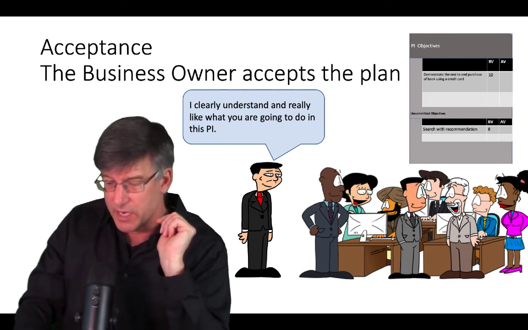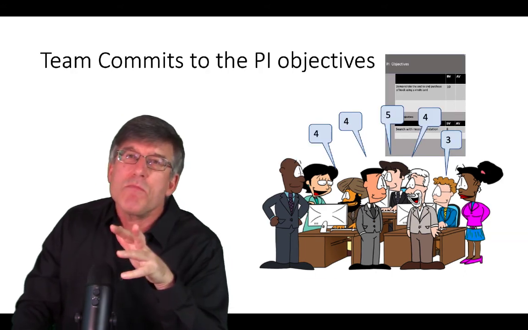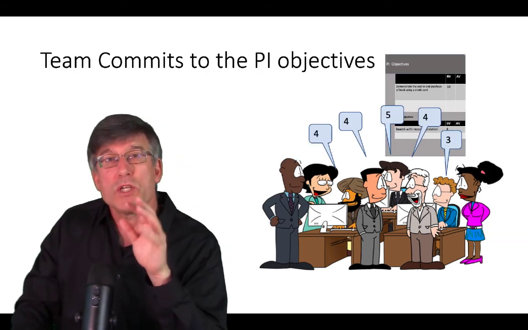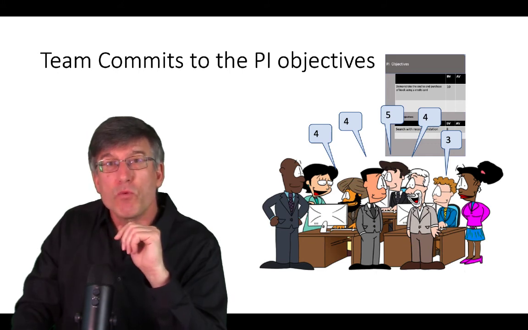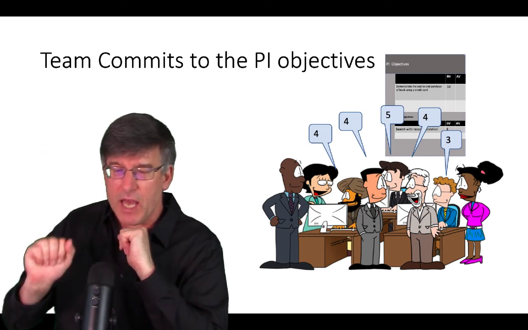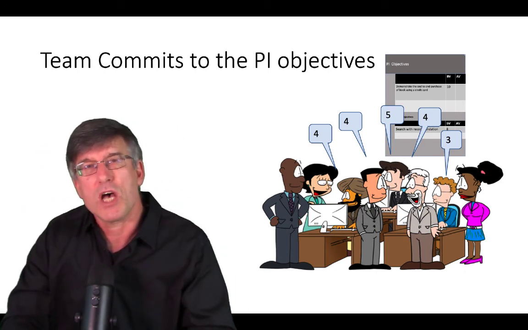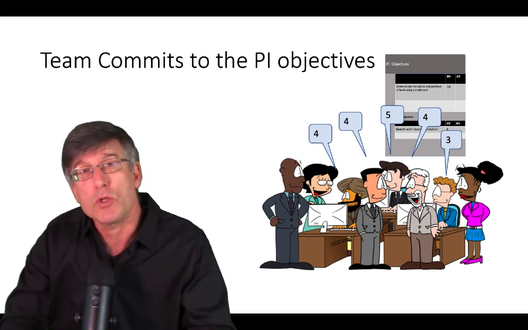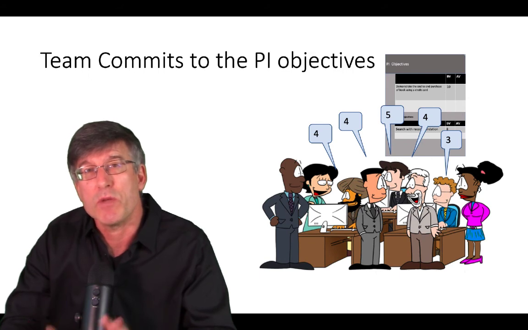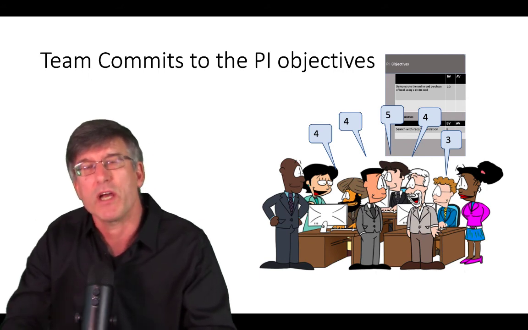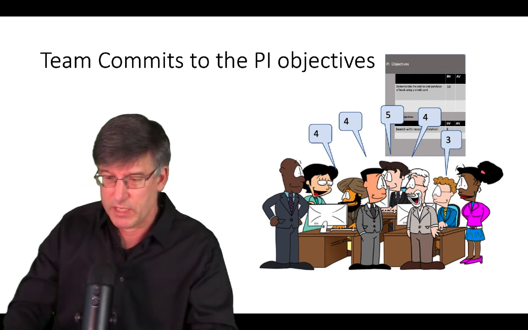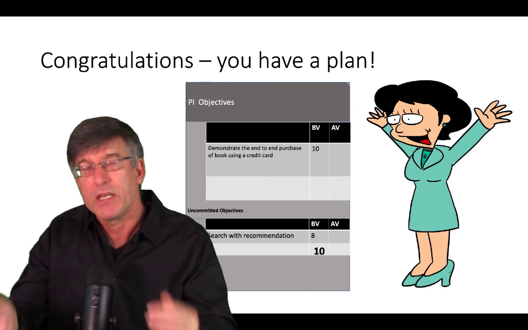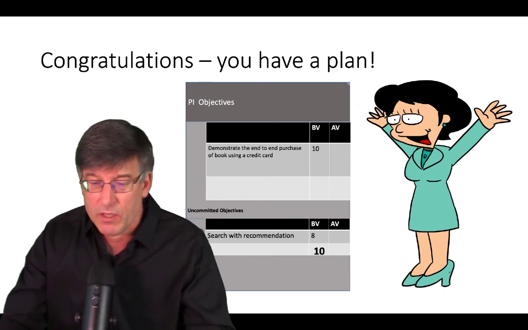After the business owner accepts the plan, and we've roamed the risks during PI planning, the team can do their fist of five and decide if they can commit to the PI objectives. And remember, they're only committing to the PI objectives that they are able to commit to. While they're going to be working on the uncommitted objectives, those do not form part of that commitment. And so, if everything has worked well, we have a plan.